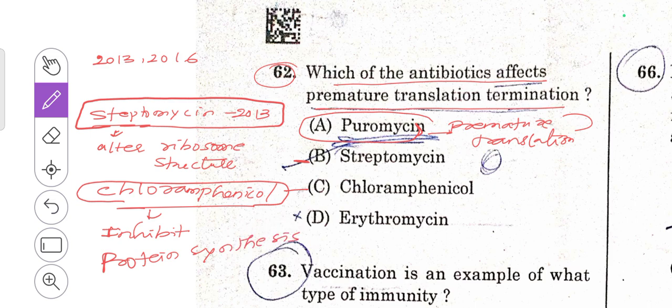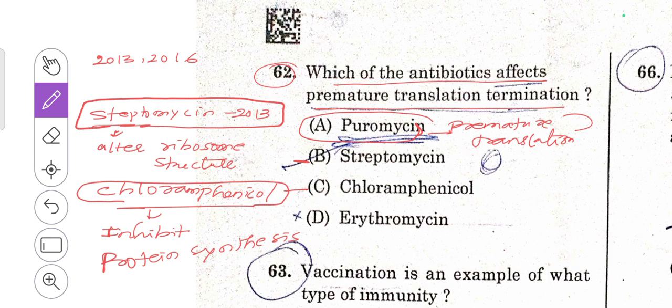Then chloromycetin or chloramphenicol, it interferes with amino acid transfer. Then also actinomycin, this inhibits DNA-directed synthesis. Then neomycin, it will inhibit the interaction of the tRNA with the mRNA.